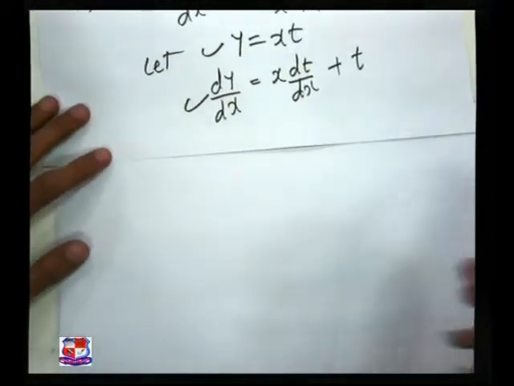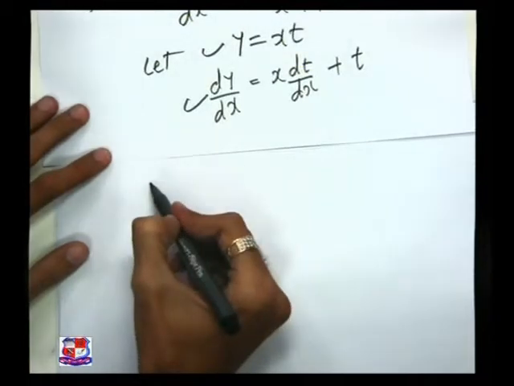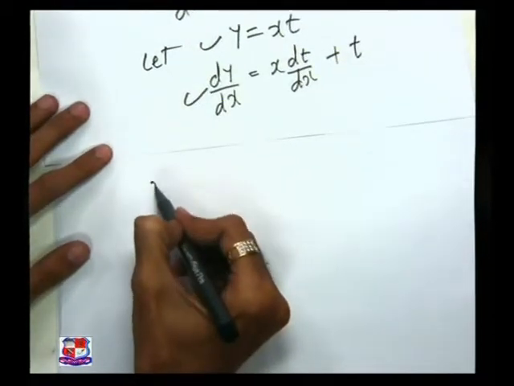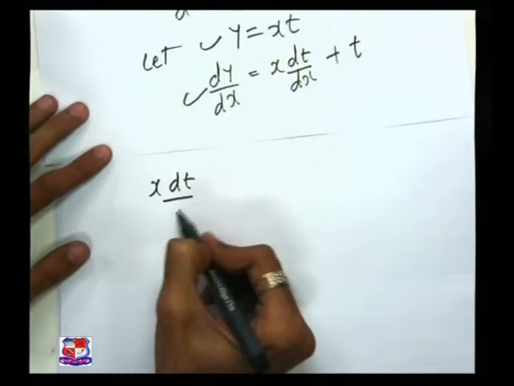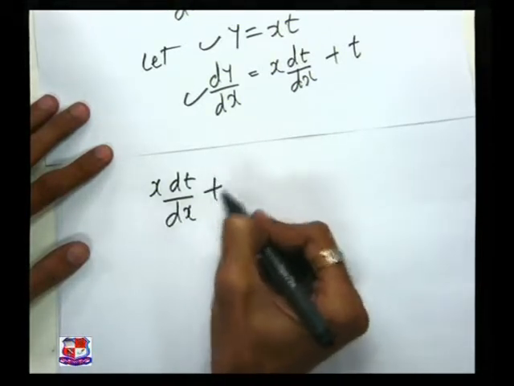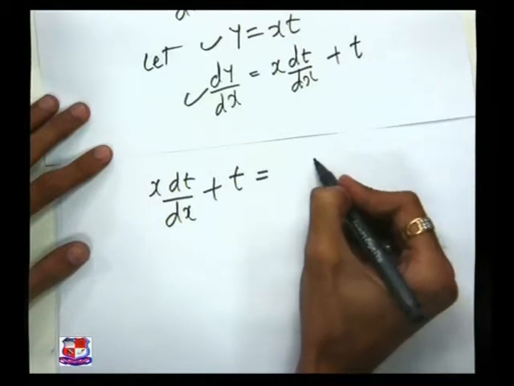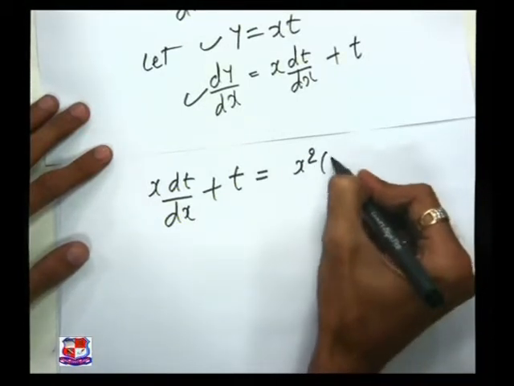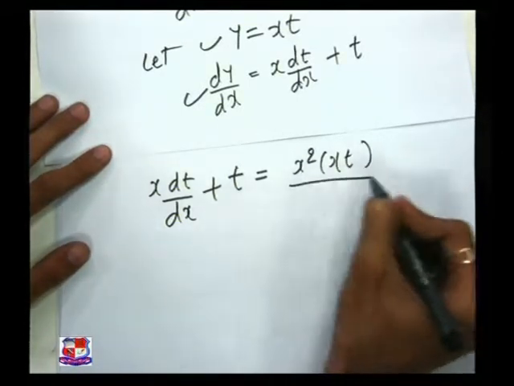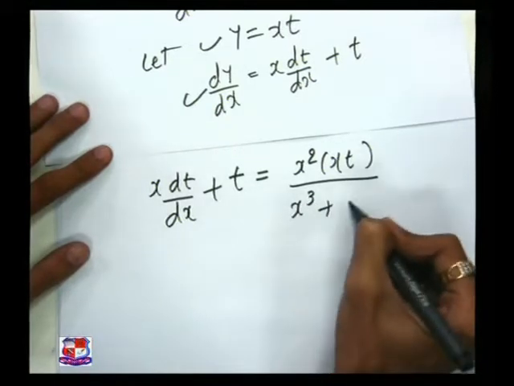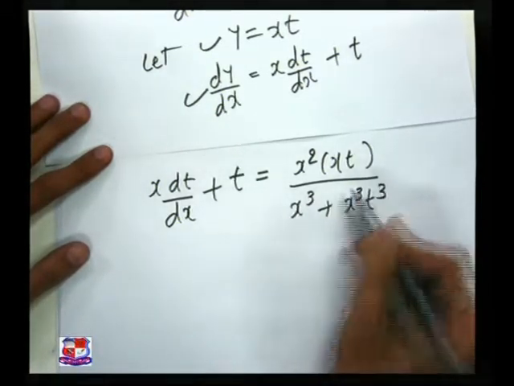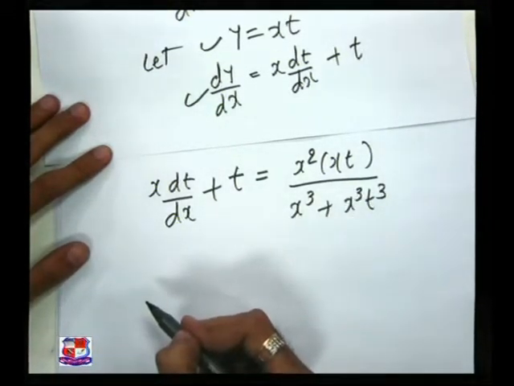I will get the equation x into dt by dx plus t is equal to x square into y, that means x into t upon x cube plus x cube t cube, right?